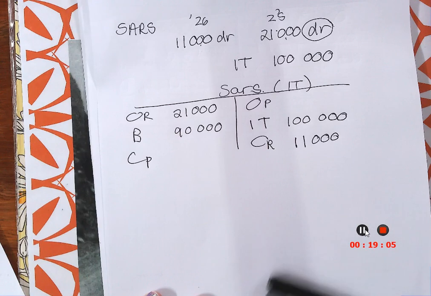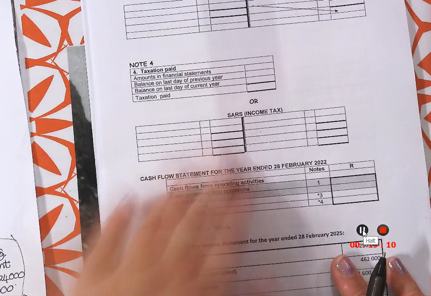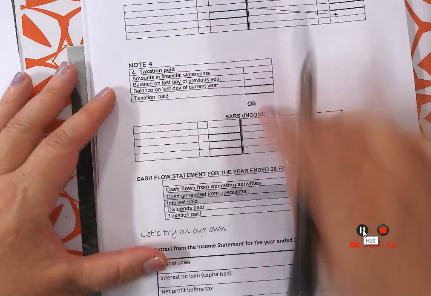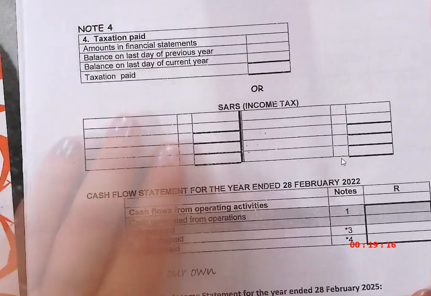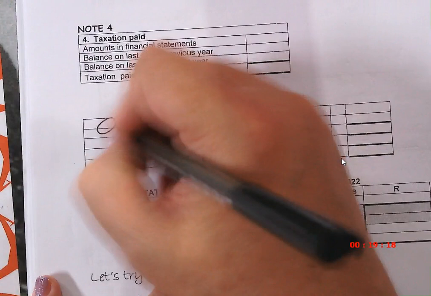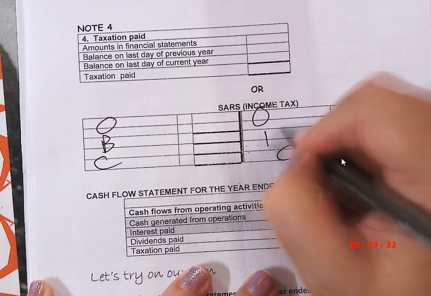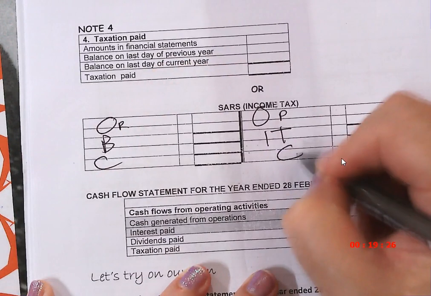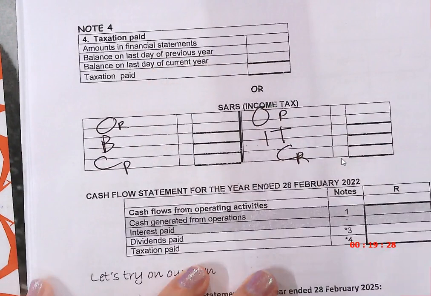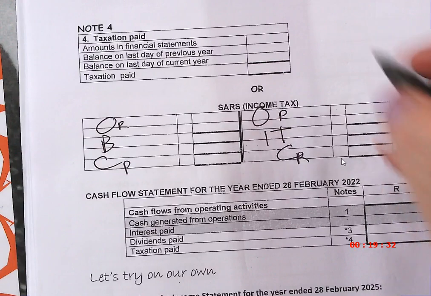Okay, so if I look at this one, I'm somehow going to use the T here and do the vertical for you as well. So the T, I say, I have an opening and a closing and a bank and an income tax, receivable and payable, receivable and payable. Both is payable. So the opening is 6.2.